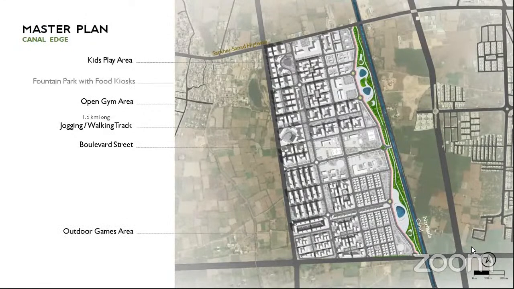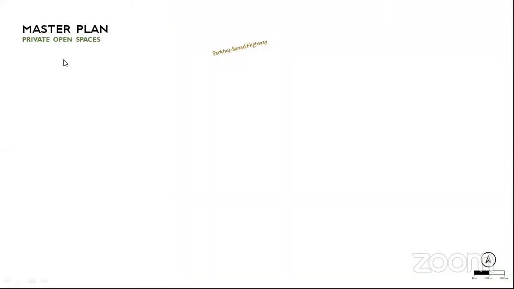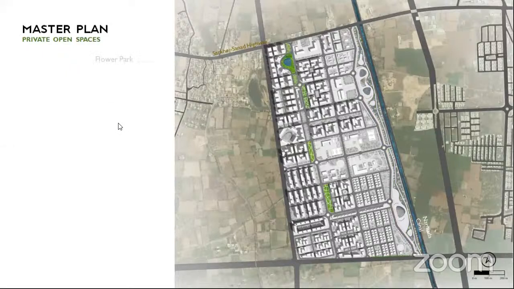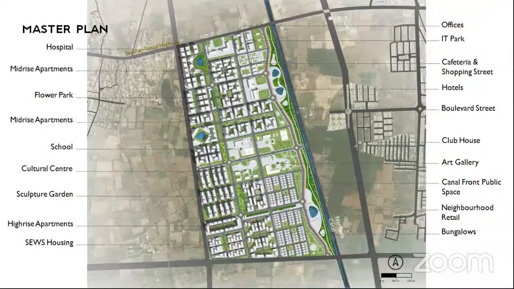Also, some intermediate open spaces are there, which include some flower parks and sculpture parks, and which run along with the boulevard street.